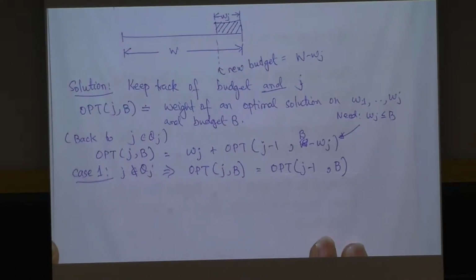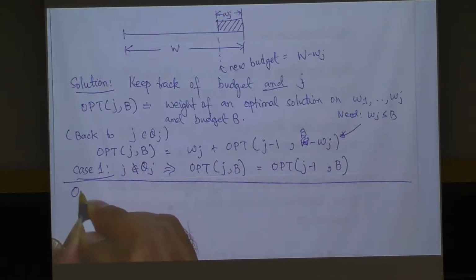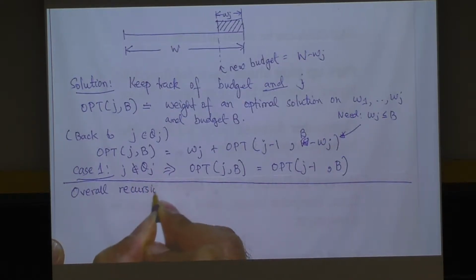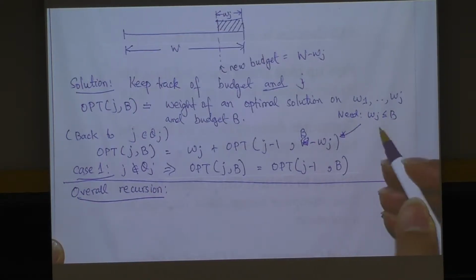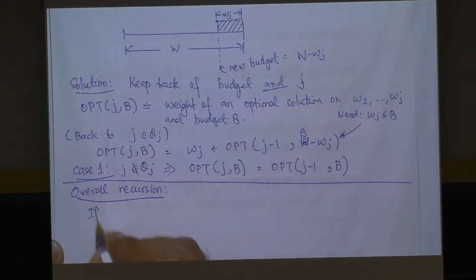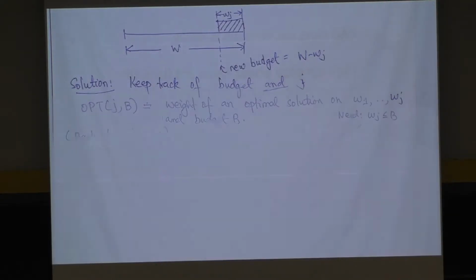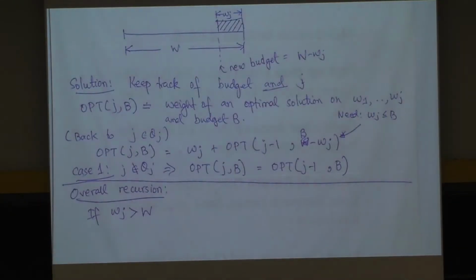All right, so now let's pull everything together, and our overall recursion would be, we also have to handle the case when this is not happening. So if Wj is strictly bigger, sorry, I've changed notation a bit, but originally we had W, so I'm going back to W again.